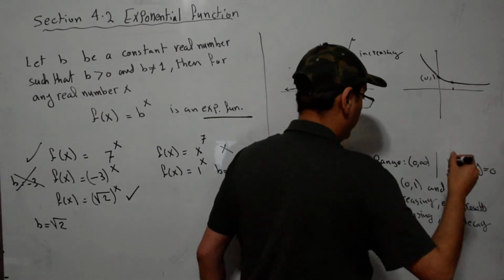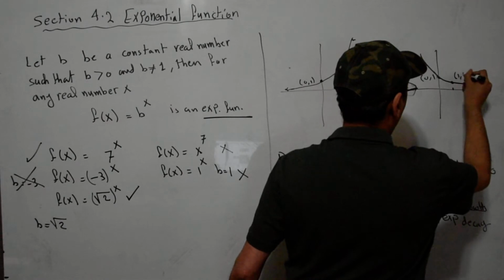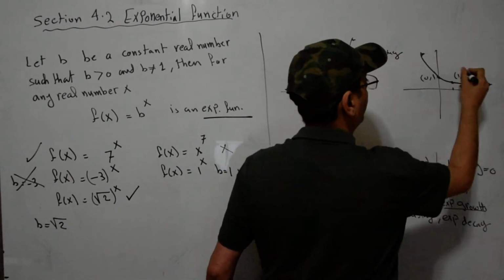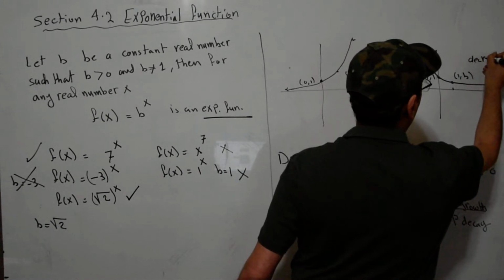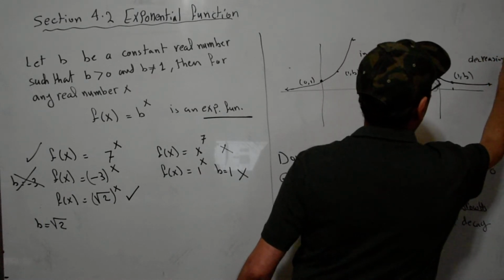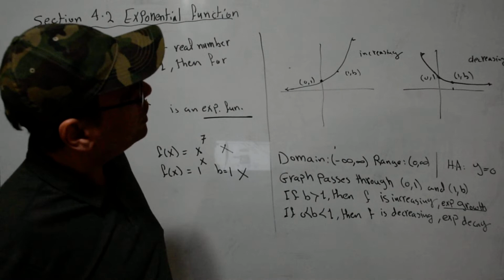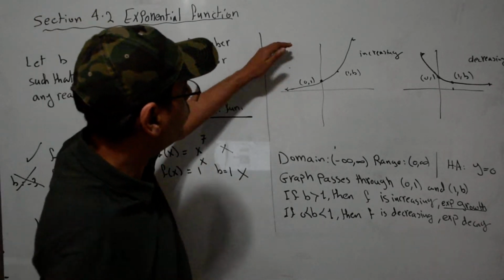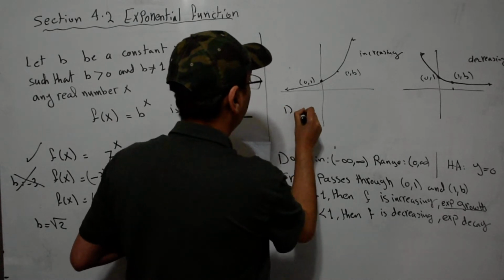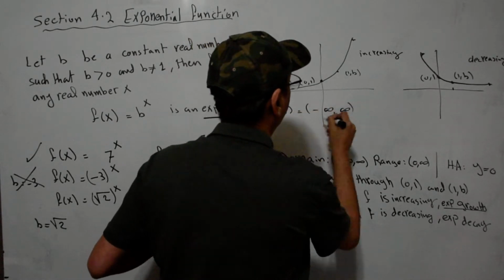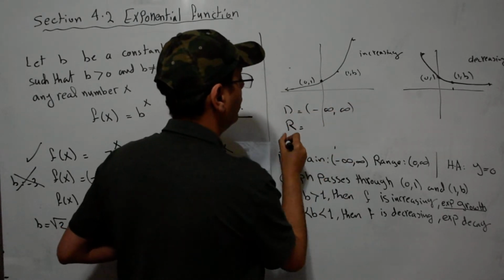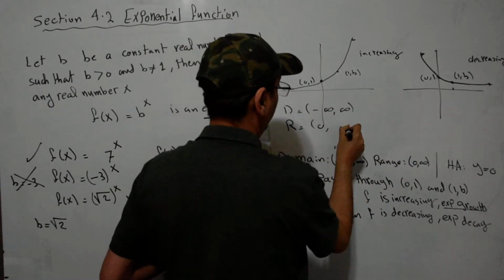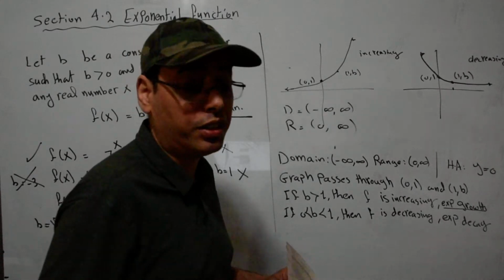Again, this point is (1, b). So the first one is increasing, and this one is decreasing. I hope this is clear so far. For both of them, the domain is negative infinity to infinity, and the range is from 0, open, you cannot touch 0, to infinity.